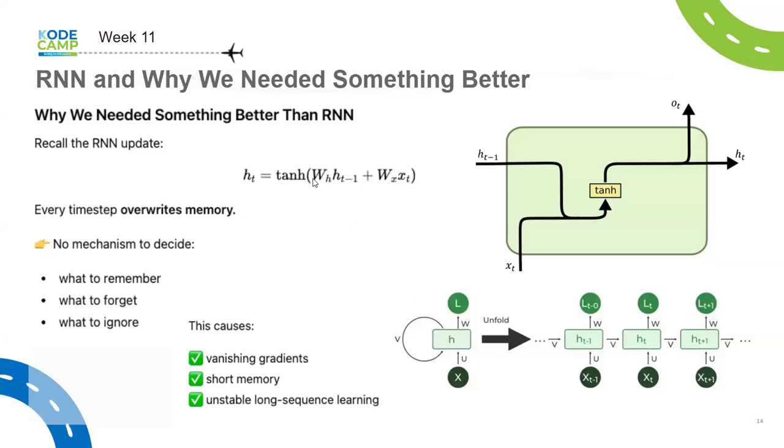So it is the hidden weight times the previous hidden state plus the X weight, the weight for the current input, times the current input. It is now a sum of the two weighted sums. Then you pass that through the activation function, which is a tanh, and that gives you the hidden state.